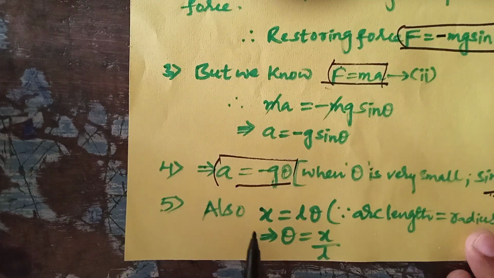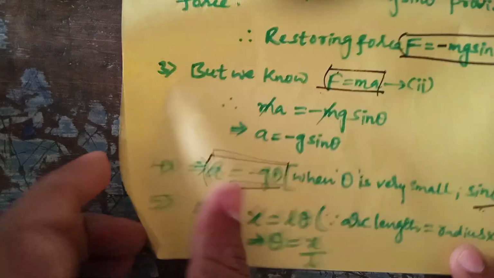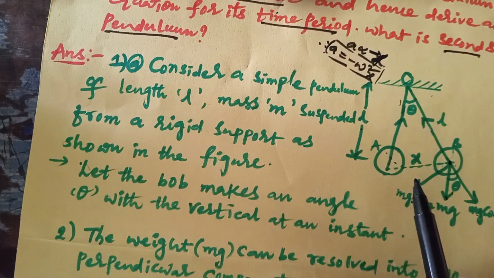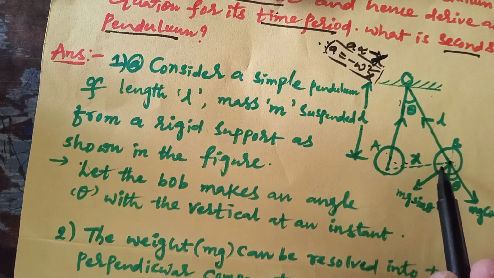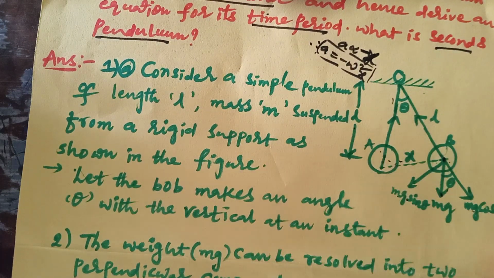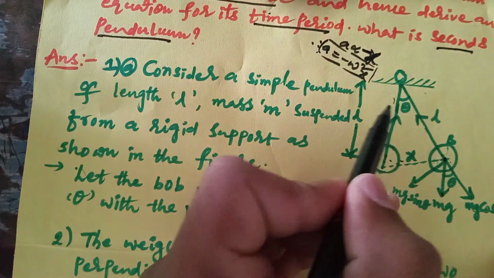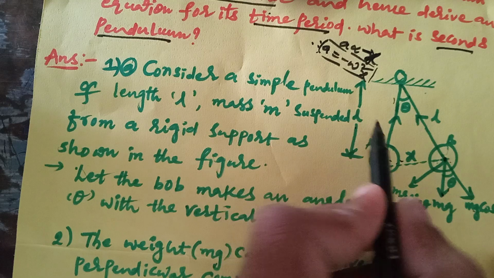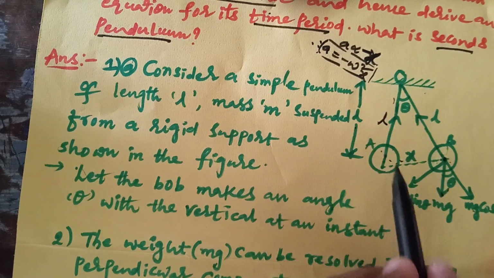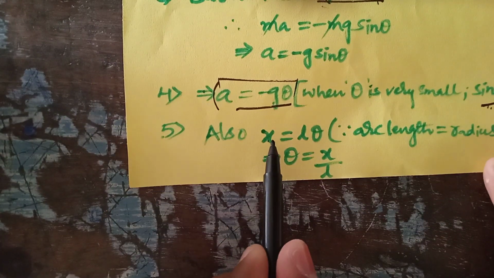Now x, the displacement, is nothing but the arc length. The formula is arc length equals radius into angle. What is the radius here? L. So x is equal to L theta.